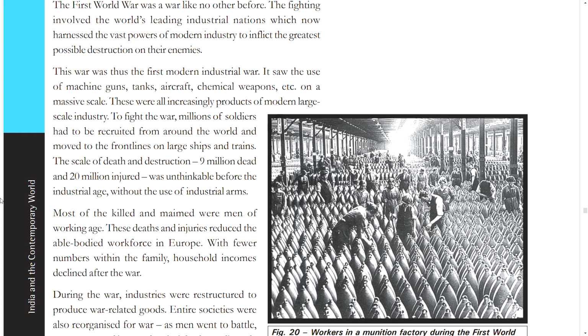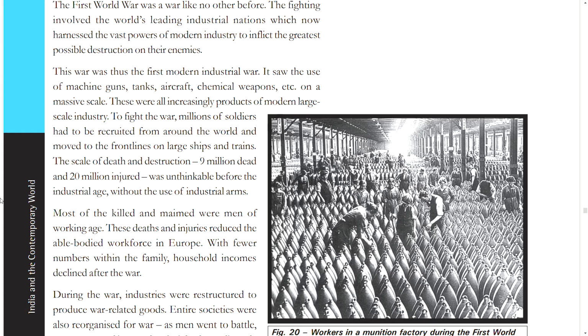It saw the use of machine guns, tanks, aircraft, chemical weapons, etc. on a massive scale. These were all increasingly products of modern large-scale industry. To fight the war, millions of soldiers had to be recruited from around the world and moved to the front lines on large ships and trains.